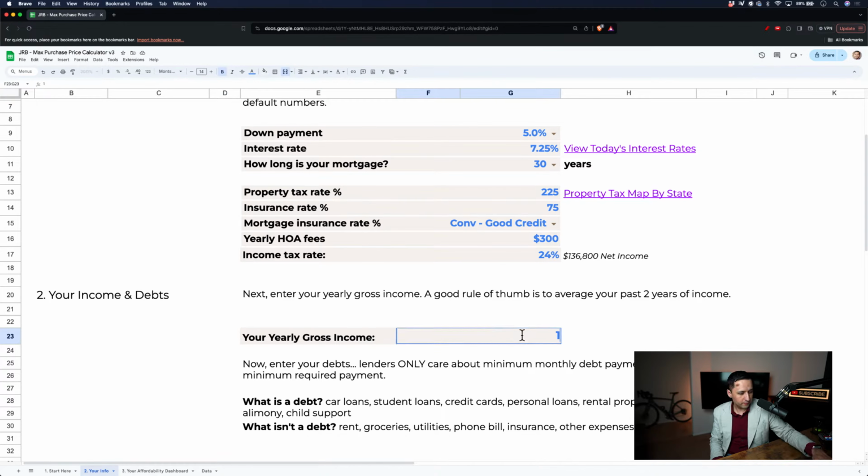I just want to show you the math. So again, cover your eyes for a second. This is close enough. So remember, the price that we were trying to shoot for was $420,000. That was what we were looking to do. Now, the math is broken down here.